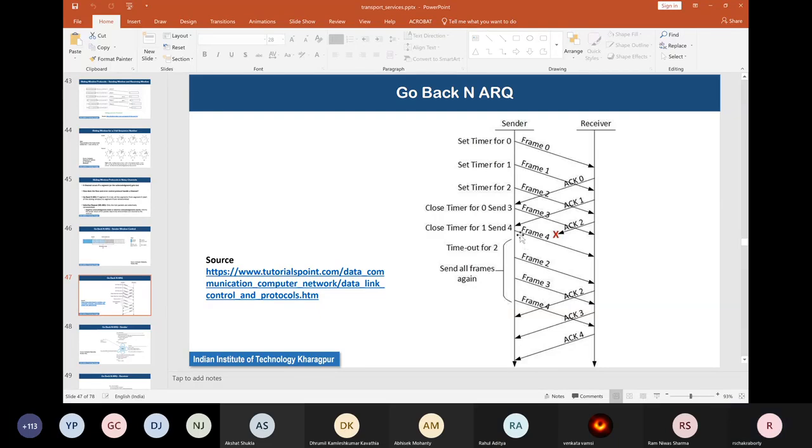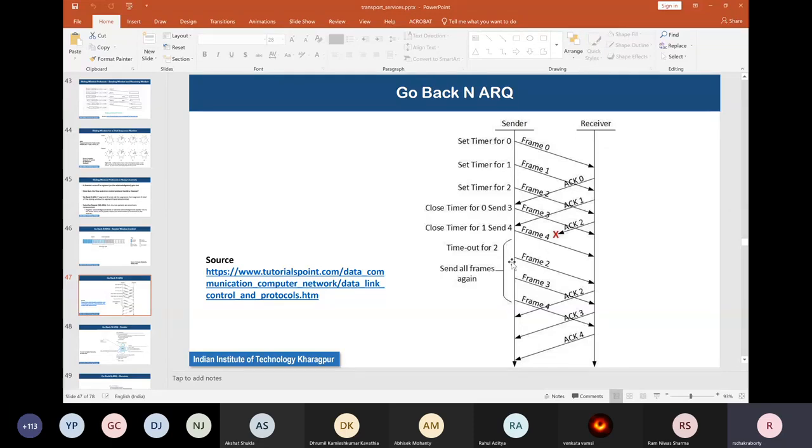Now, this was okay. The only problem was that it is not receiving the acknowledgement for frame 2, because the acknowledgement for frame 2 got lost somewhere. When it got lost, frame 2 timed out, because every sent out frame has an independent timer associated with it.